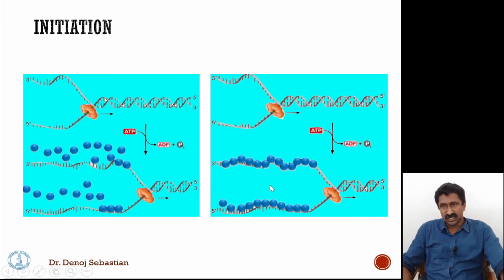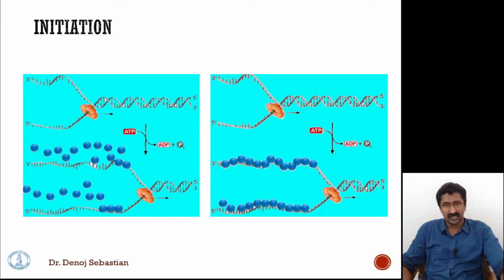Anyway, these are the single strand binding proteins, and the single strand binding proteins will bind to the single stranded region. And another interesting fact is that once the SSB or single strand binding protein binds, it promotes the binding of other DNA polymerases into the single stranded regions.